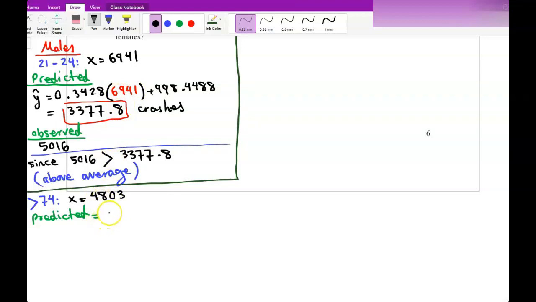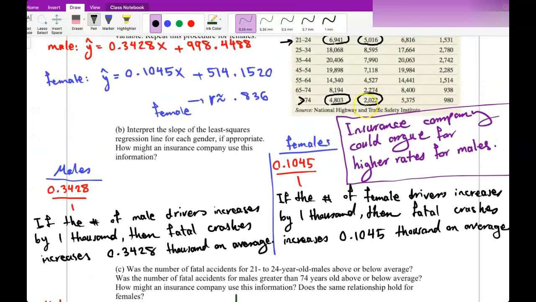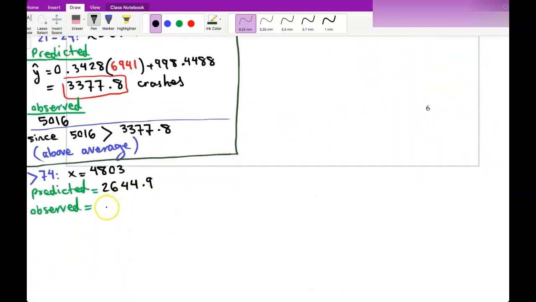So that is equal to 2,644.9, and observed from the table was 2,022.